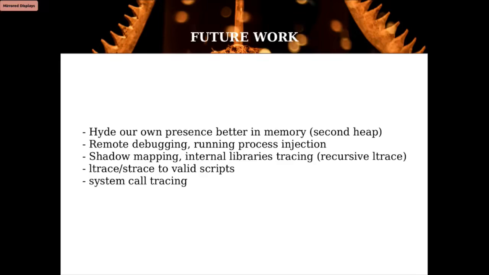Process injection: if you have a running process, could we inject WSH inside a running process? The limitation I have right now is, as I explained, when we take a binary and transform it into a shared library by patching 1 byte in the header, the resulting binary is not relocatable.